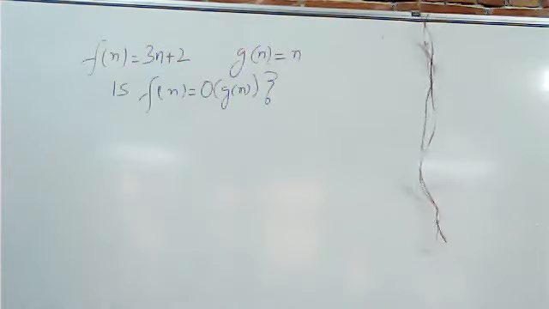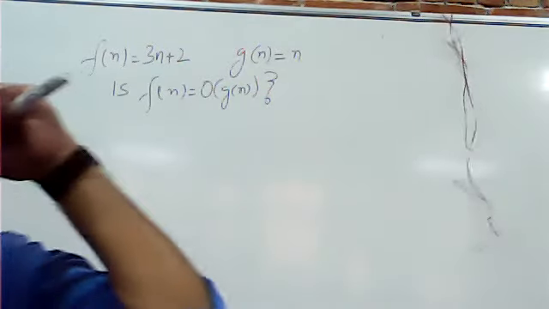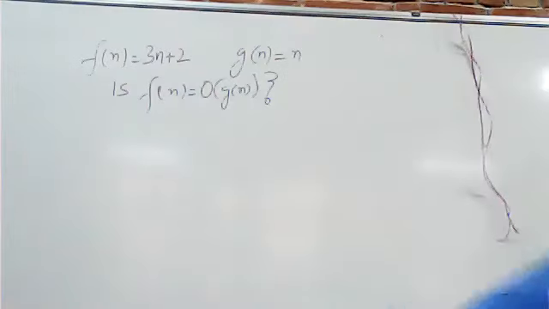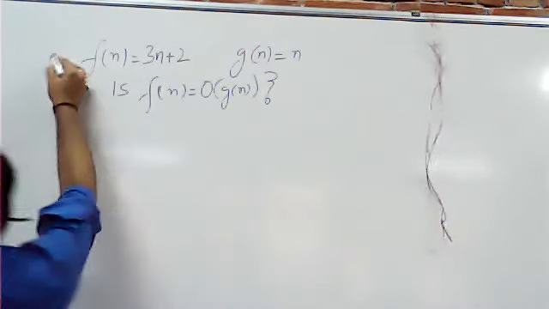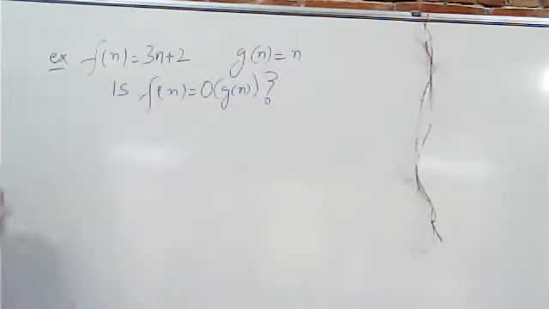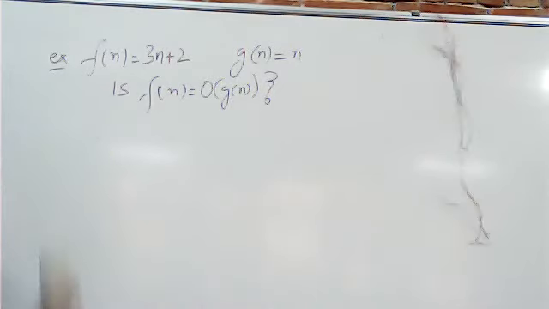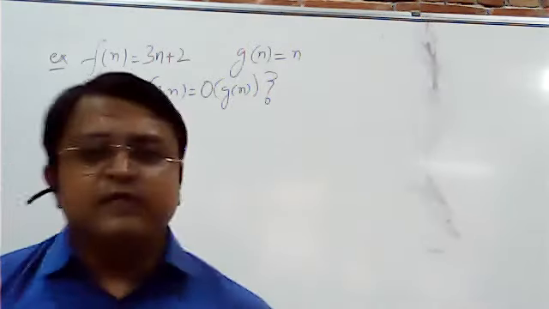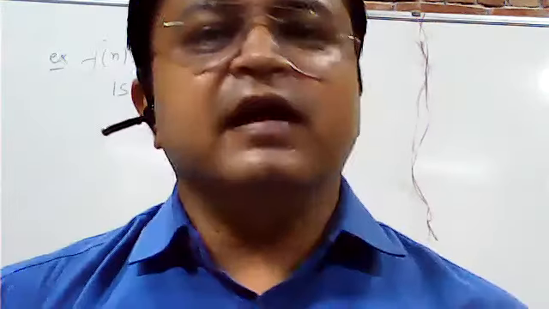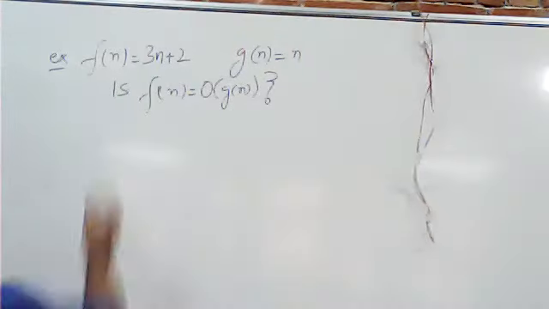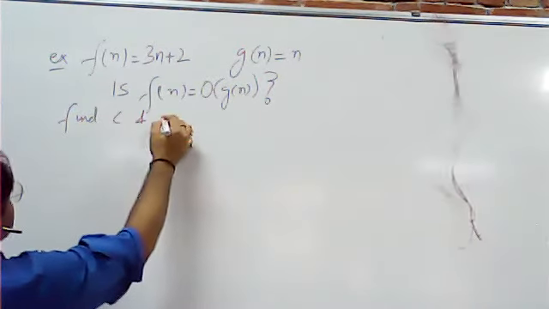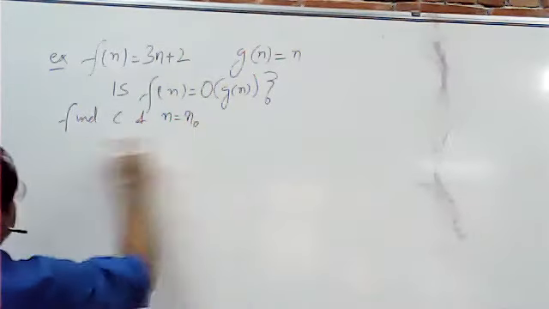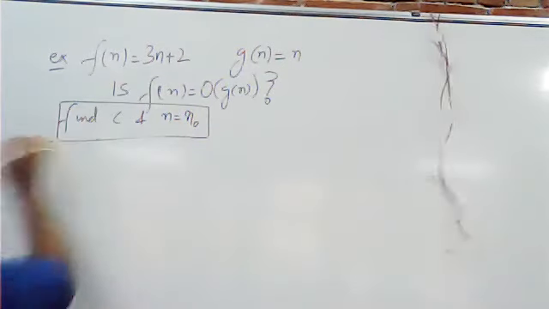So this is the question. Fn value is given, Gn value is given. You can note down this question. We have to quote this as an example for the definition. We have to check whether Fn is equal to order of Gn. So what do we have to do to check that? We have to find a constant C and an input size n naught.